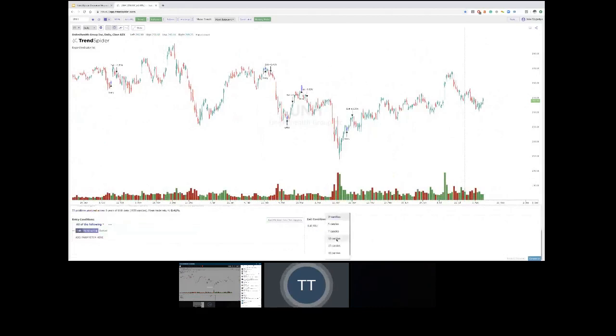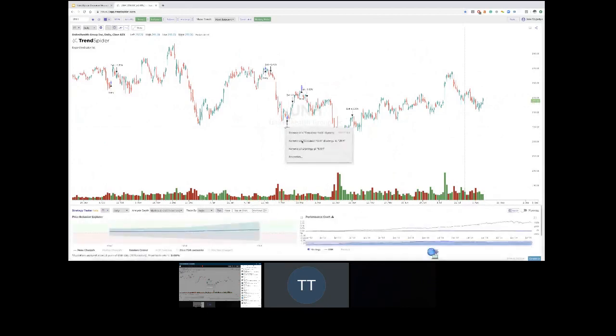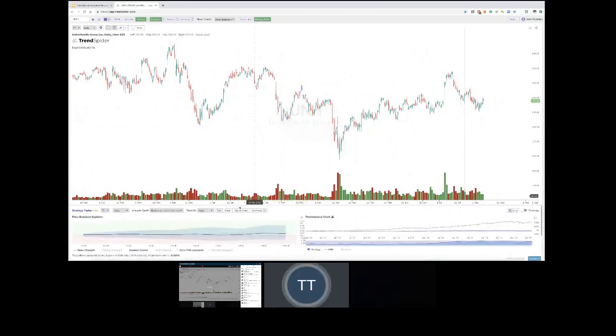Let's change this to, let's say, 10 candles. Reset it, test it out. See it on the chart. And all of a sudden, you'll see entry, exit within 10 candles was 11%. We had a blue raindrop form 1 or 2 days after that, and we bottomed out and moved up over 7%.